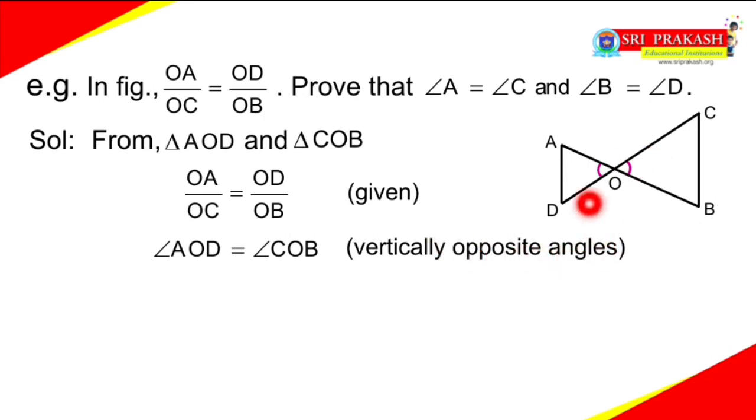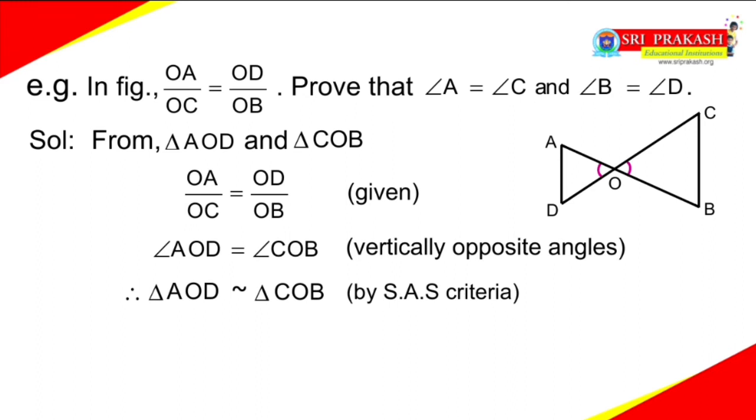Children, in these two triangles, we have the ratio of the pair of two corresponding sides equal and one pair of corresponding angles equal. Therefore, triangle AOD is similar to triangle COB by SAS criteria.